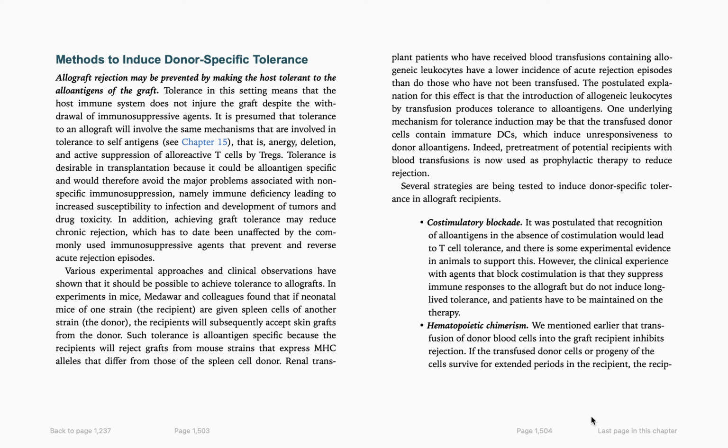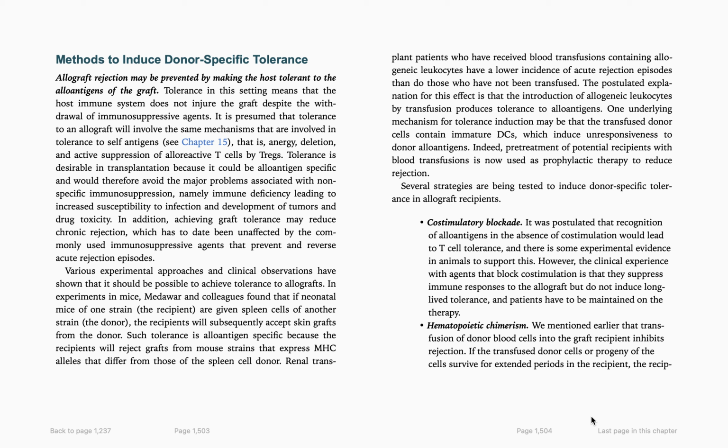One underlying mechanism for tolerance induction may be that transfused donor cells contain immature dendritic cells, which induce unresponsiveness to donor alloantigens. Indeed, pretreatment of the potential recipients with blood transfusion is now used as prophylactic therapy to reduce rejection.